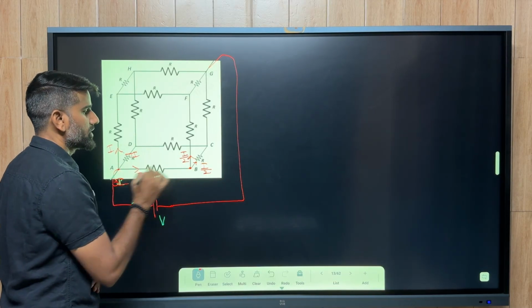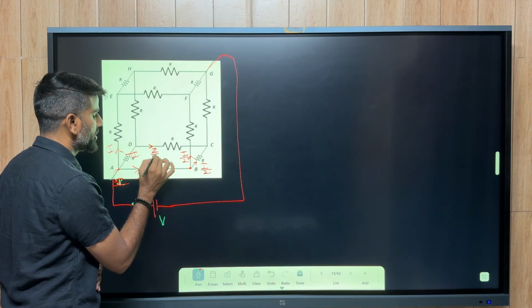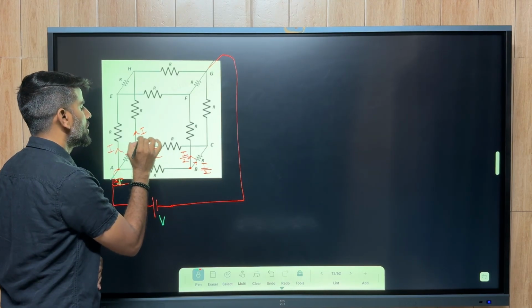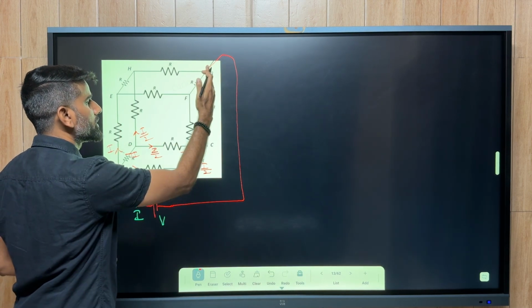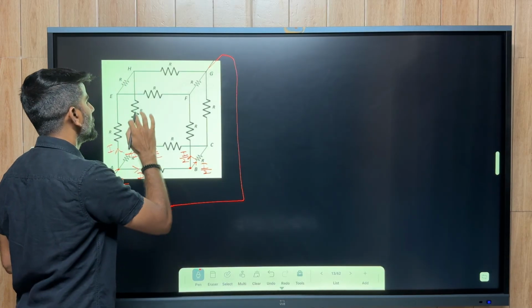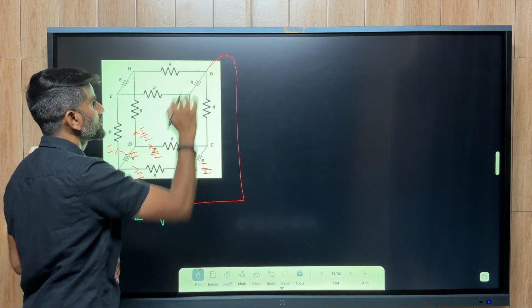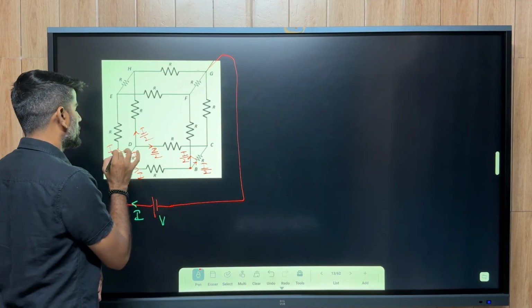Now coming to this current, this current also divides into two parts, which is I by 2 again, and here also I by 2 again. This is also flowing through two resistors along its path, and this also flowing through two resistors along its path. So current is divided in equal parts. Now look at this current.